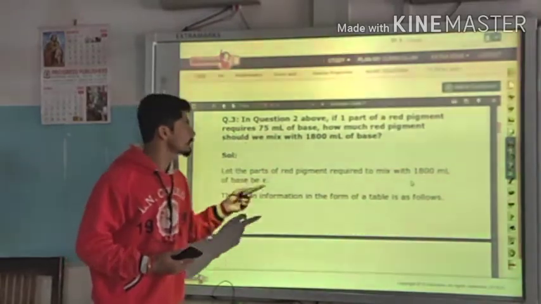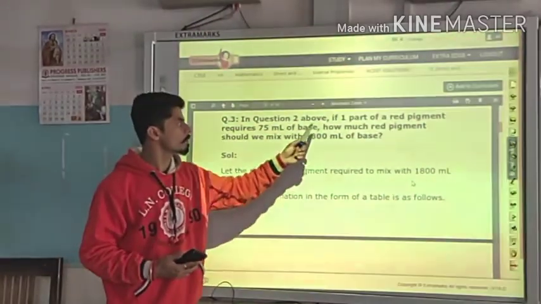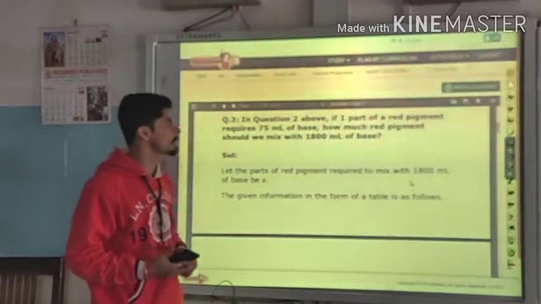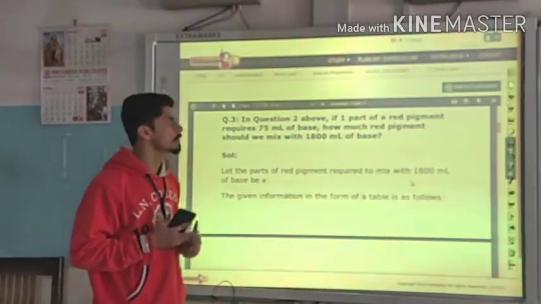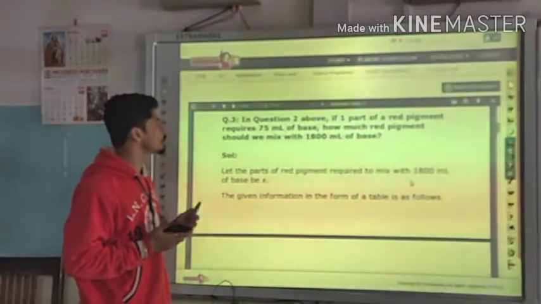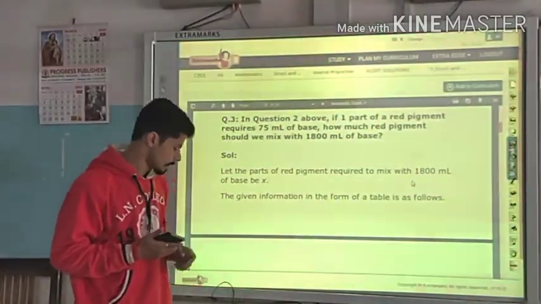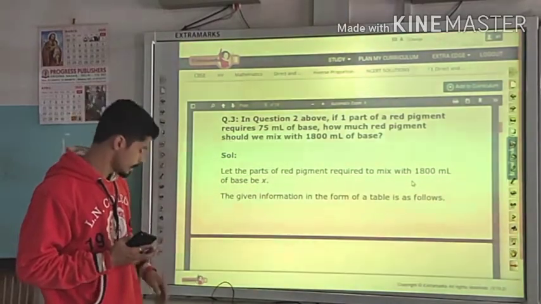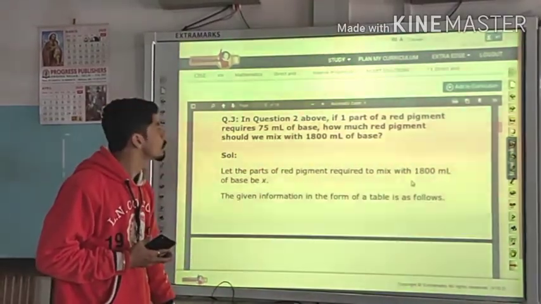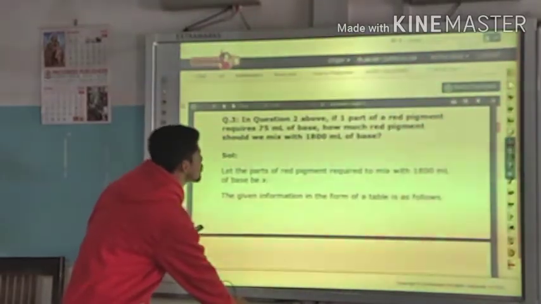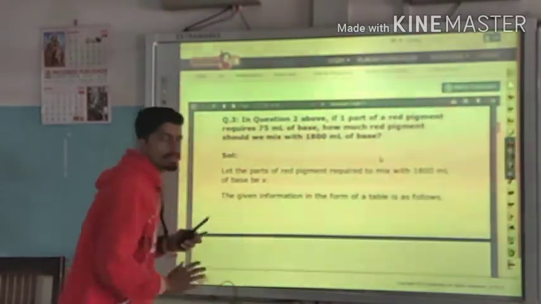So question number 3 is: in question 2 above, if one part of red pigment requires 75 milliliter of base, how much red pigment should be mixed with 1800 milliliter of base? In the previous question we studied that one part of red pigment is required for 8 parts of base.